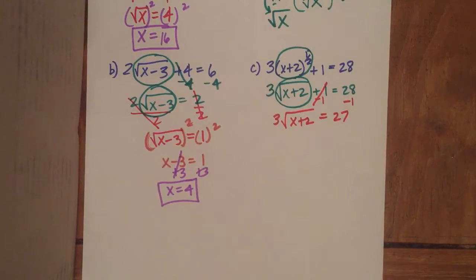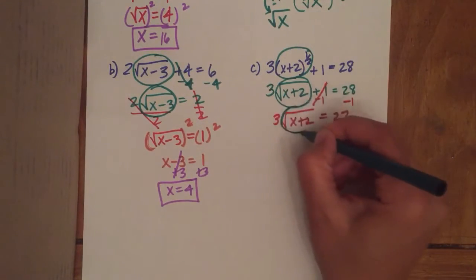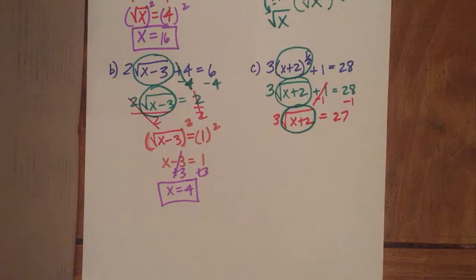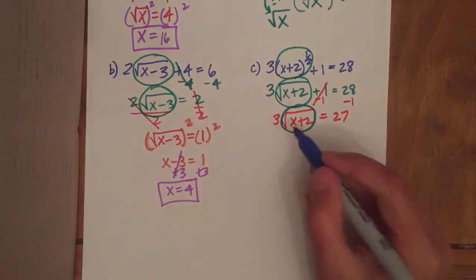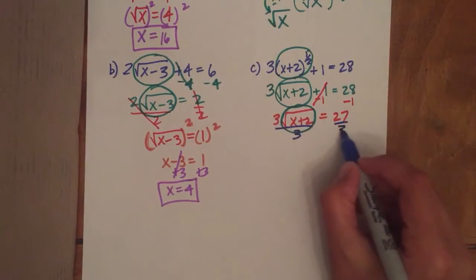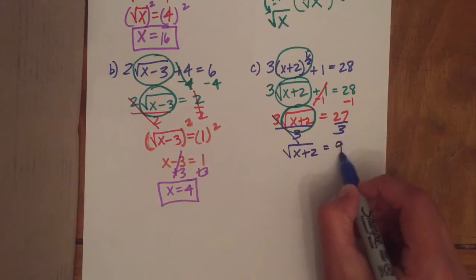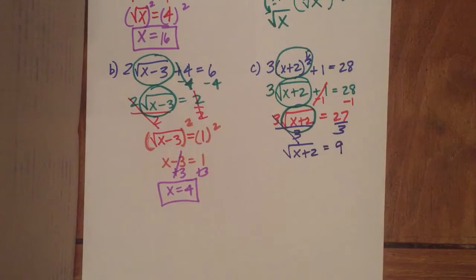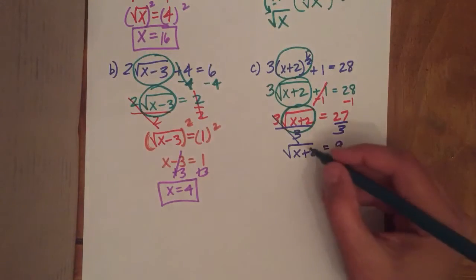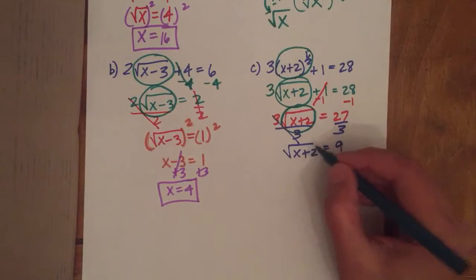Again, I want to isolate the radical expression, so now I need to do something to both sides equally. I'm going to divide both sides by 3. So I end up with the square root of x plus 2 equals 9. And what, boys and girls, is the inverse operation of square root?